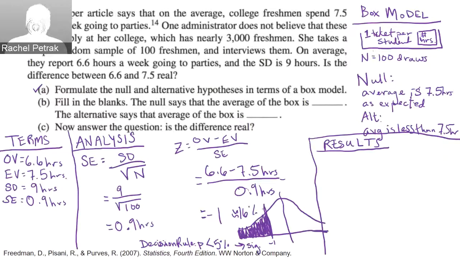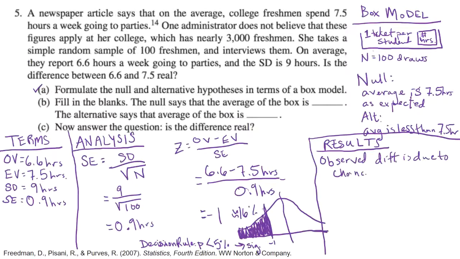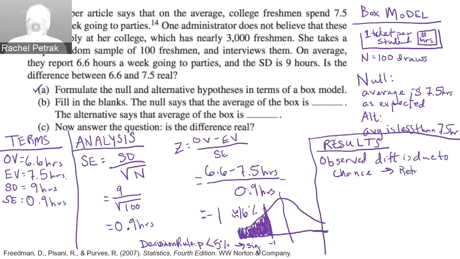So we know this is not a statistically significant difference. And we know the observed difference is due to chance. That tells us to retain the null.